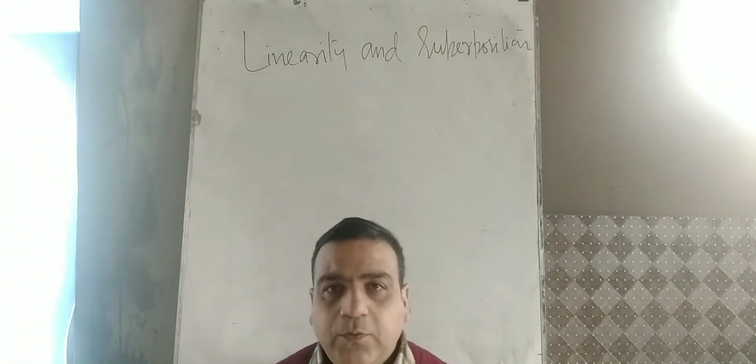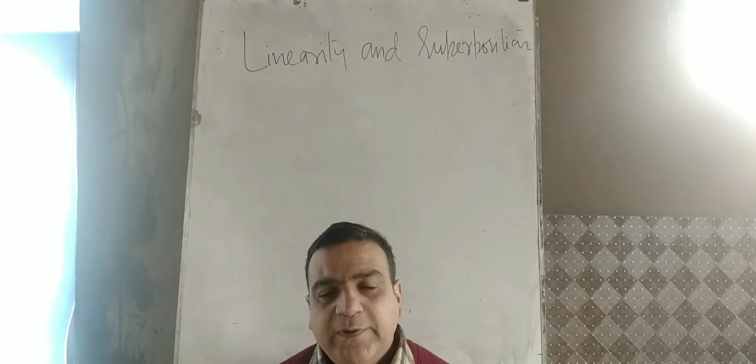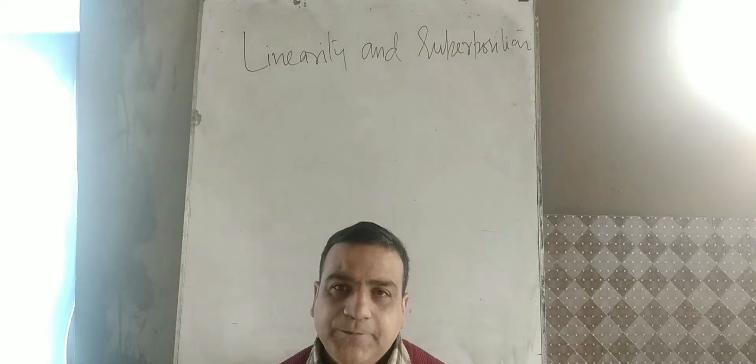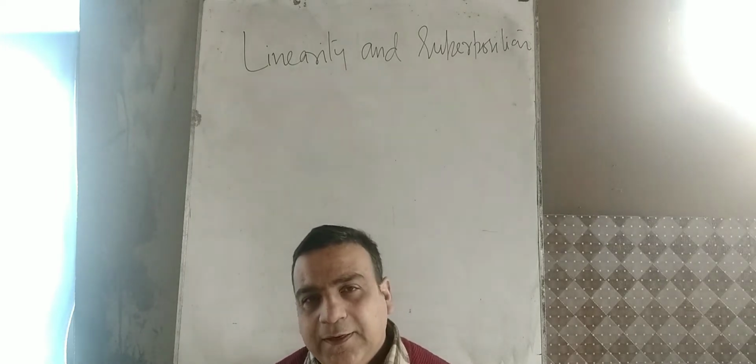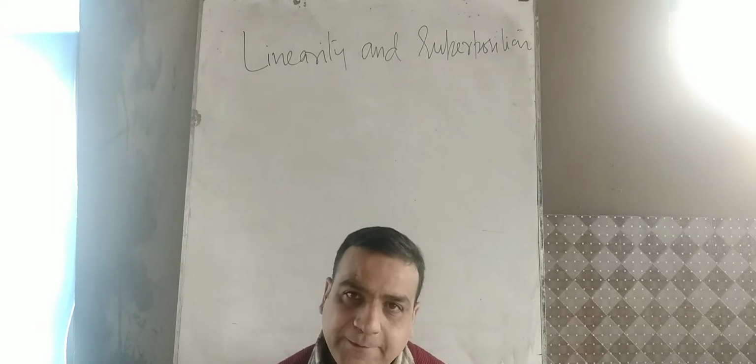All right. So in this video, we will be discussing linearity and superposition. Now, the fact of the matter is that Schrodinger's wave equation is linear in terms of the wave function psi.